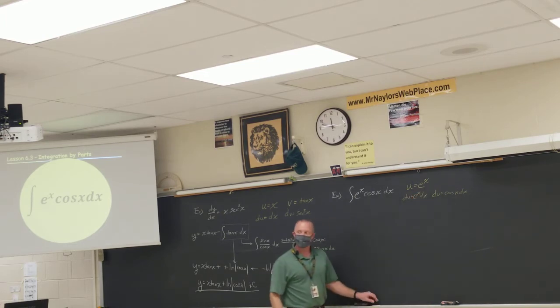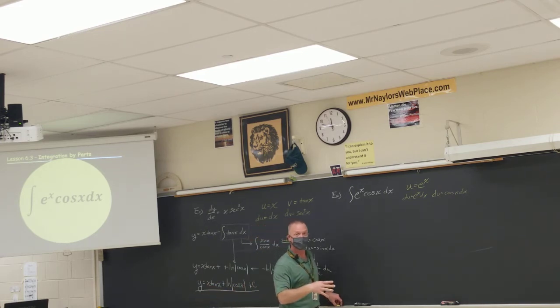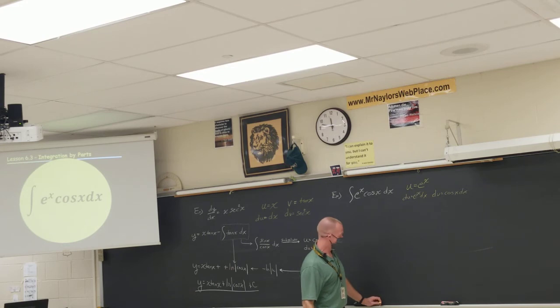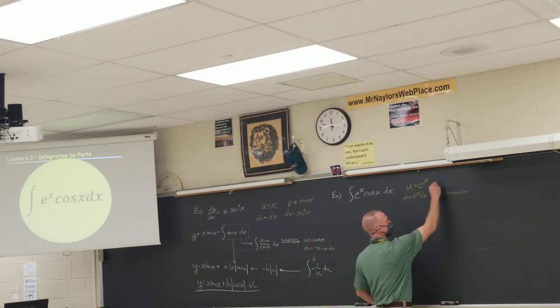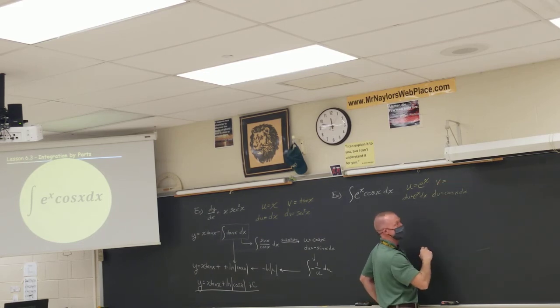Hey, remember when I said you have to still know how to do derivatives from the first half of the year to do antiderivatives the second half of the year? We're right in the middle of it right now. Your brain should be going in both directions. Remember, this is the antiderivative to go back to the v.